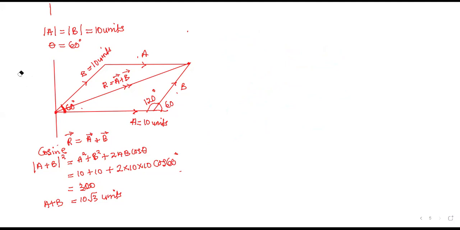So the original drawing at the left-hand side, and then the vector A is along the x-axis, so this is A, 10 units.